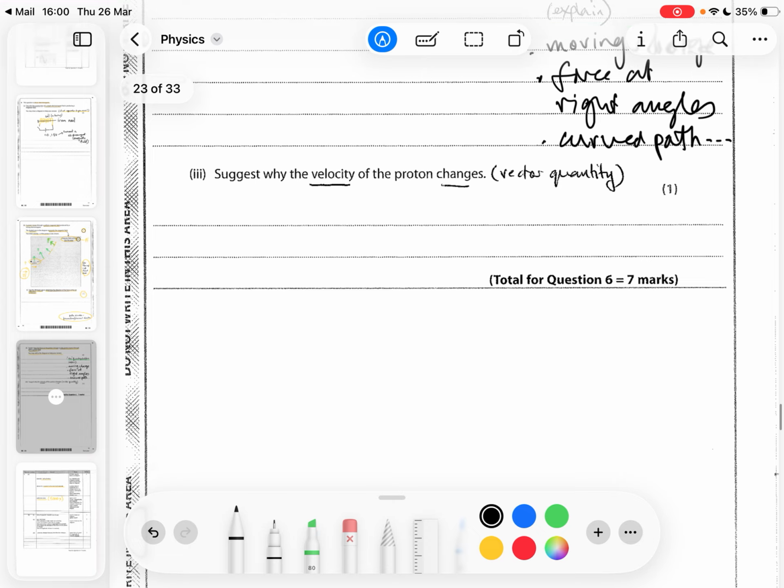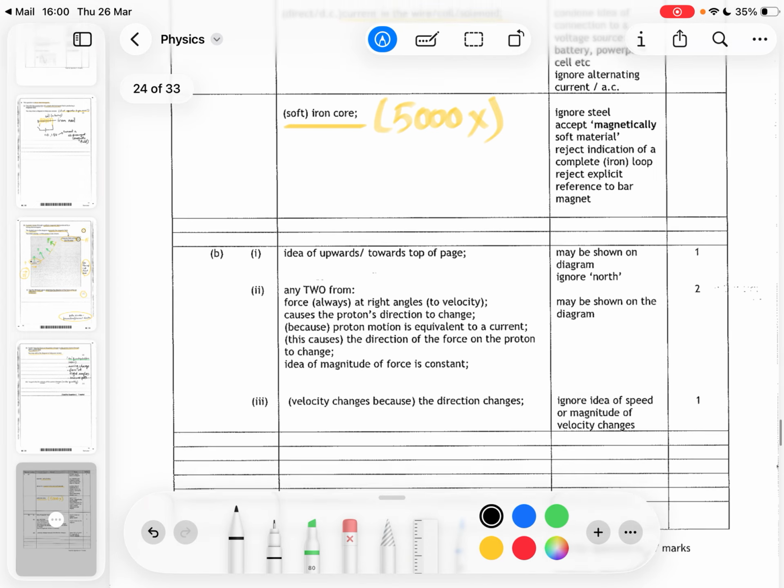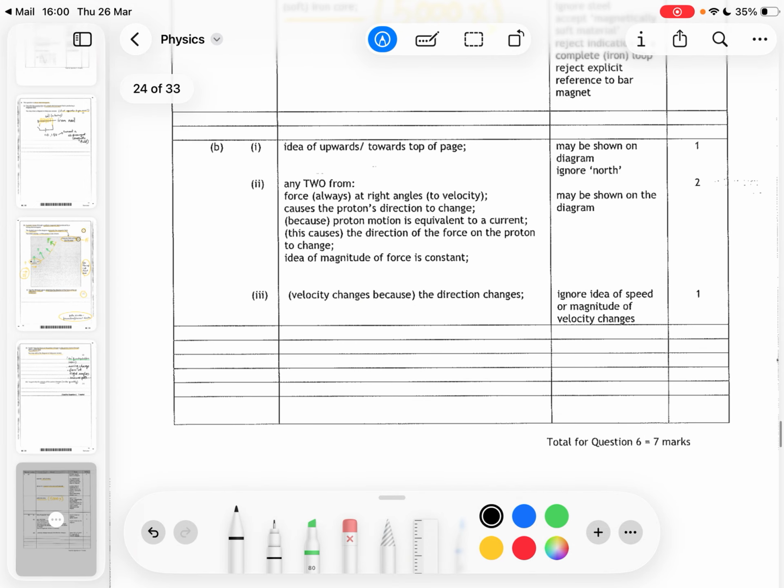Now let's see how many marks we'd have got for that. The idea of upwards towards the top of the page, we got that.